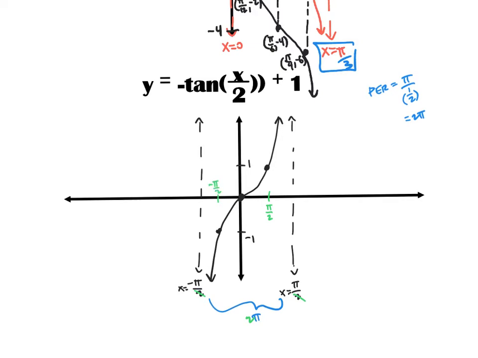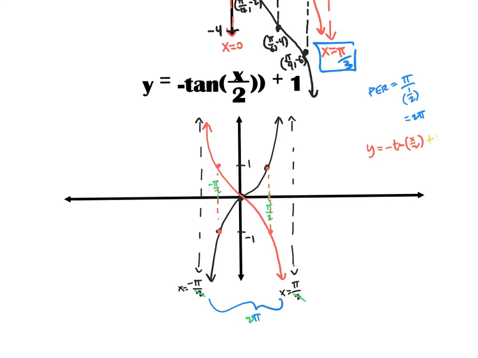Now I'm going to do a vertical reflection. A vertical reflection would put this point here, and this point right here, reflecting it across the x-axis. And now I currently have y equals -tan of x over 2. Now all I've got to do is add 1.